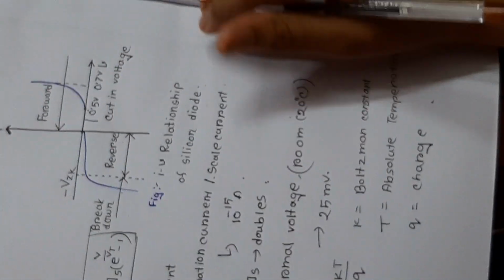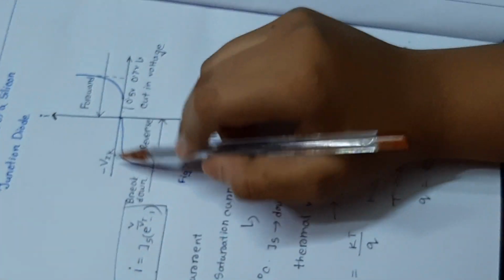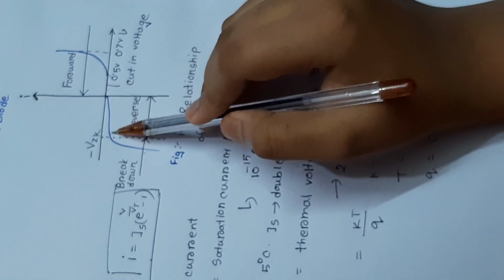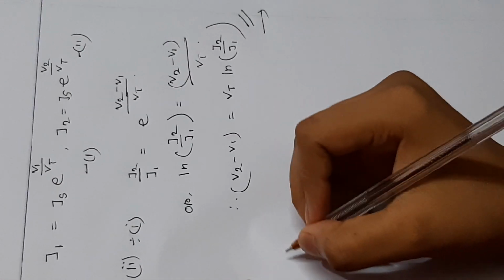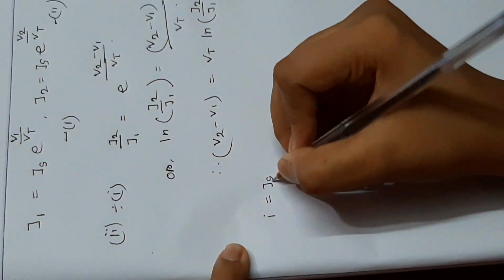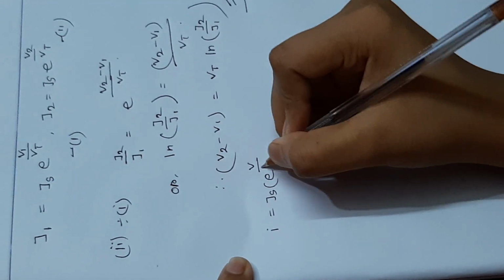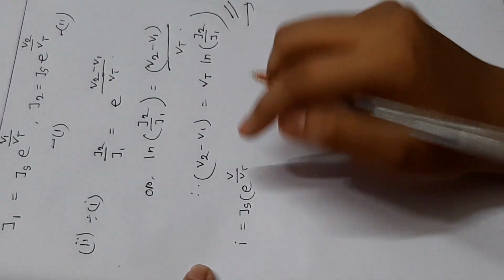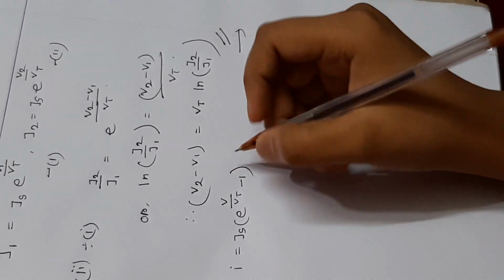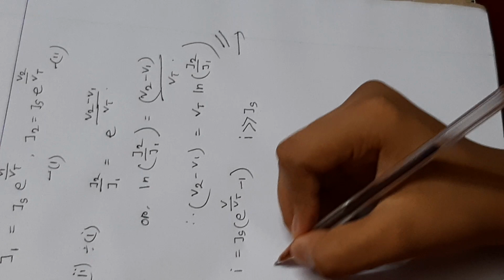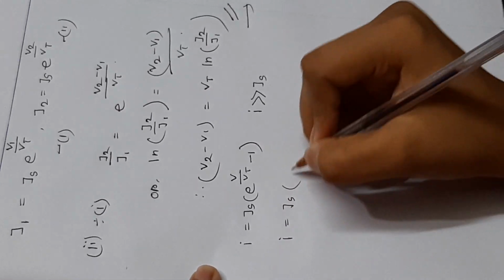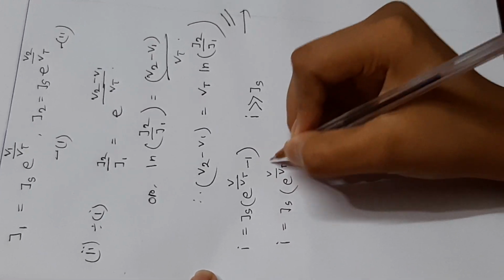Next we can move to the reverse region, that is from 0 to minus VZK. In this region the I goes to the negative side. In the forward region we found that I is equal to Is times e to the power V by Vt, where the minus 1 is very small and I is much bigger than Is, so we can take I as Is e to the power V by Vt.